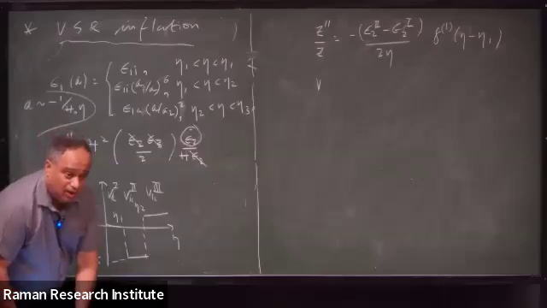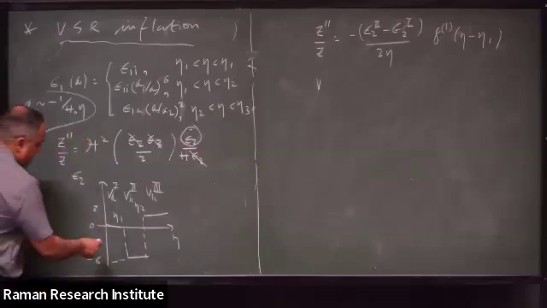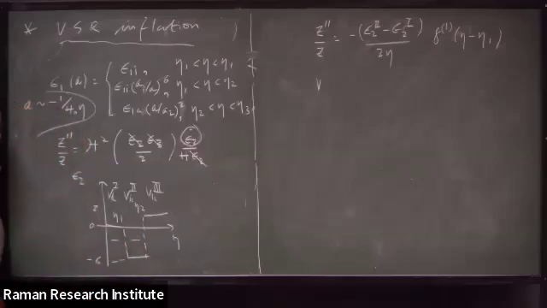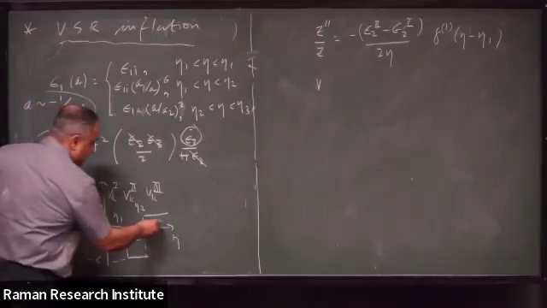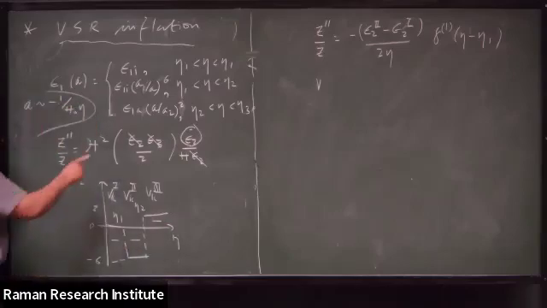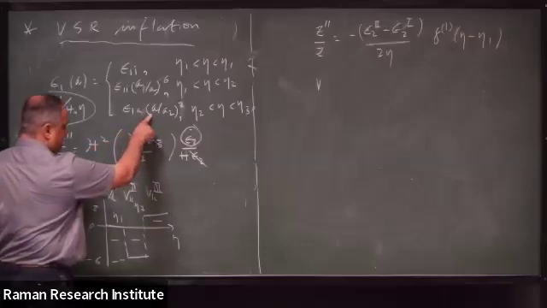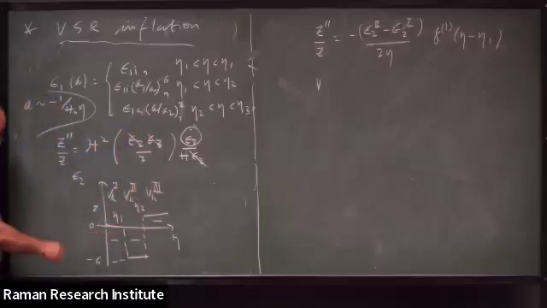All right? What I want you to appreciate is that in this domain and this domain, it's inflating with epsilon 1 very small, okay? So you find that the de Sitter approximation is very valid, okay? But here, it is behaving differently. So the solution is somewhat different, okay?